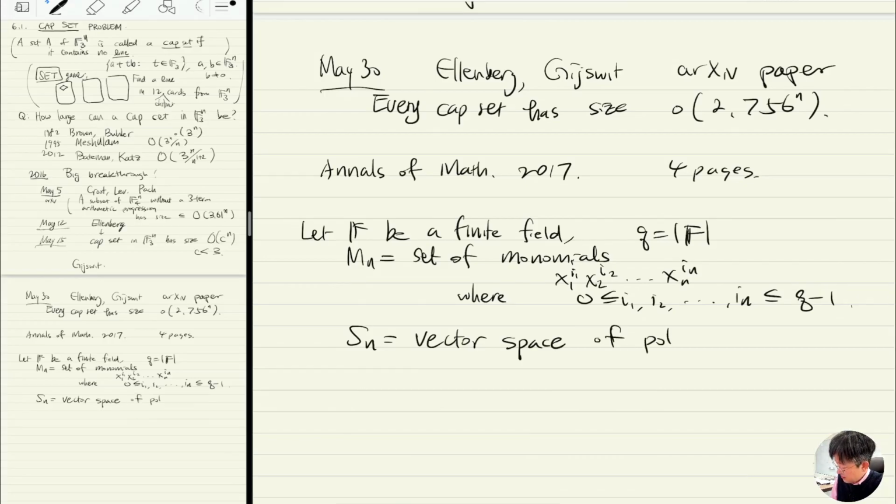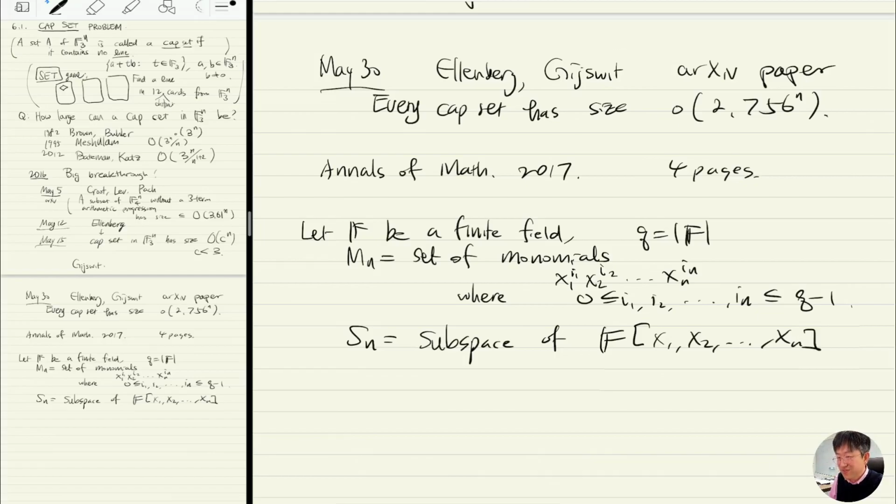And let Sn be the vector space, okay, let me just say a subspace of polynomials with these n variables x1 up to xn whose coefficients are from this finite field, and it's spanned by Mn.